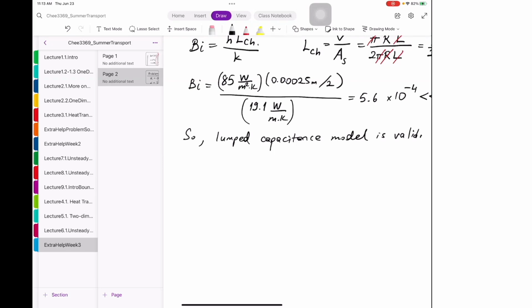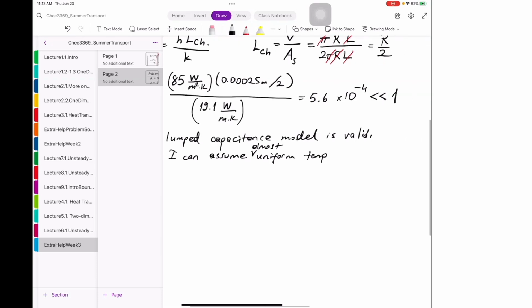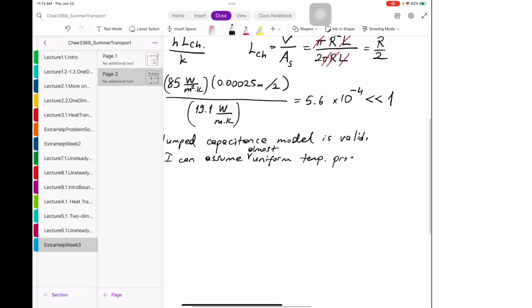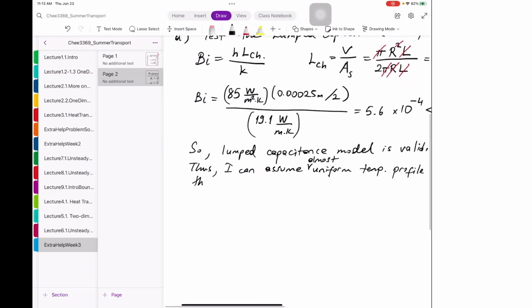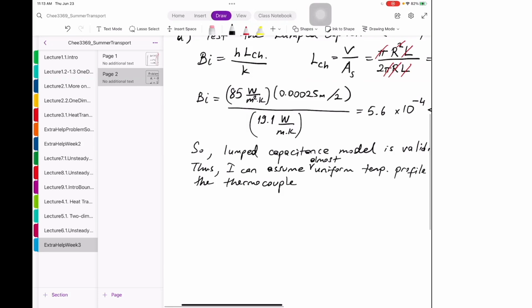Assume almost uniform temperature profile within the thermocouple at all times.